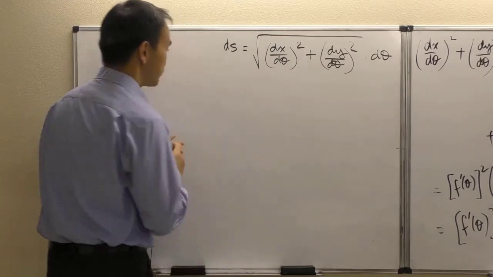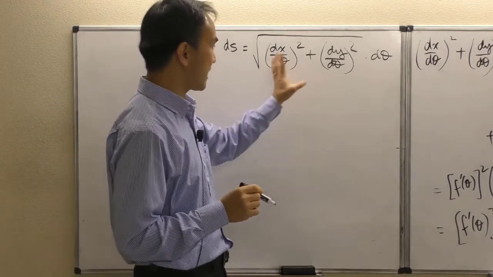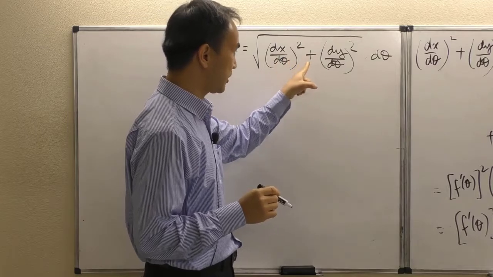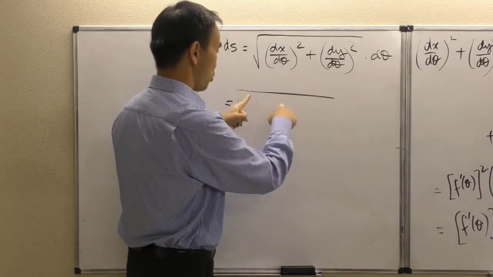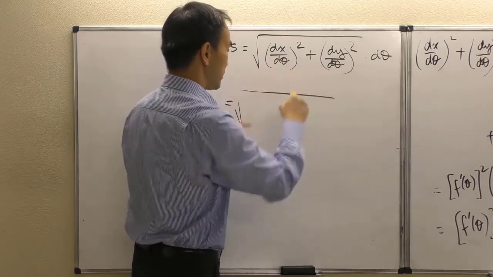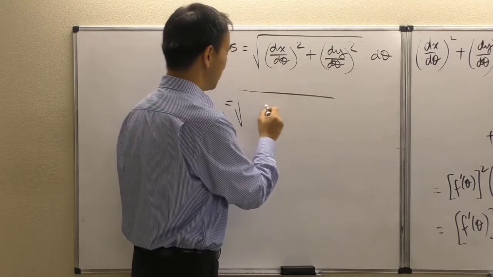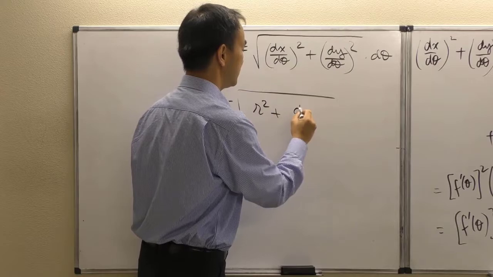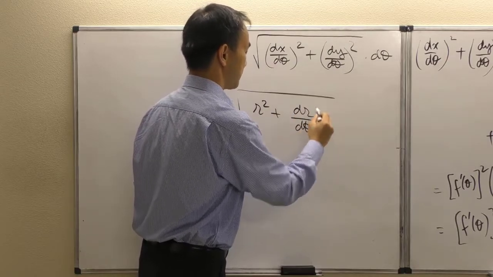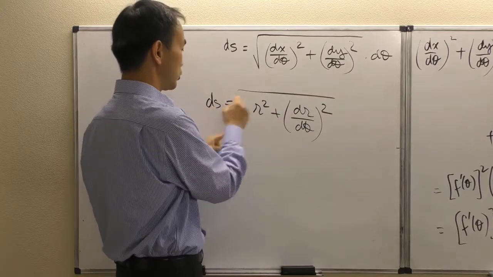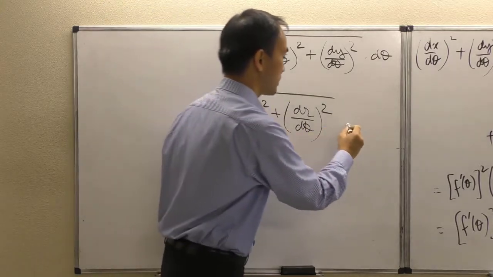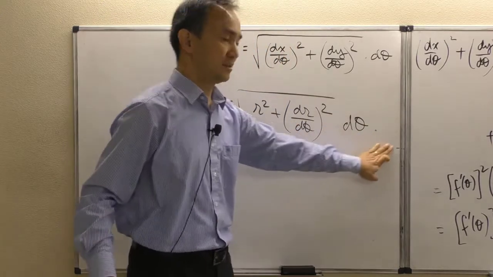Just now on the other board I have explained that dx d theta all squared plus dy d theta all squared is equal to, with the square root, r squared plus dr d theta all squared. That means our ds is the square root of that sum of two squares times d theta.